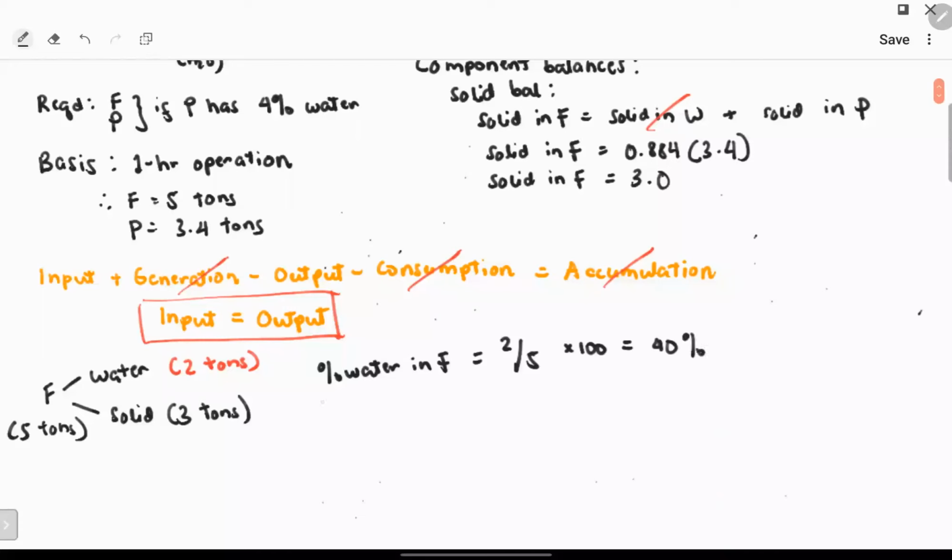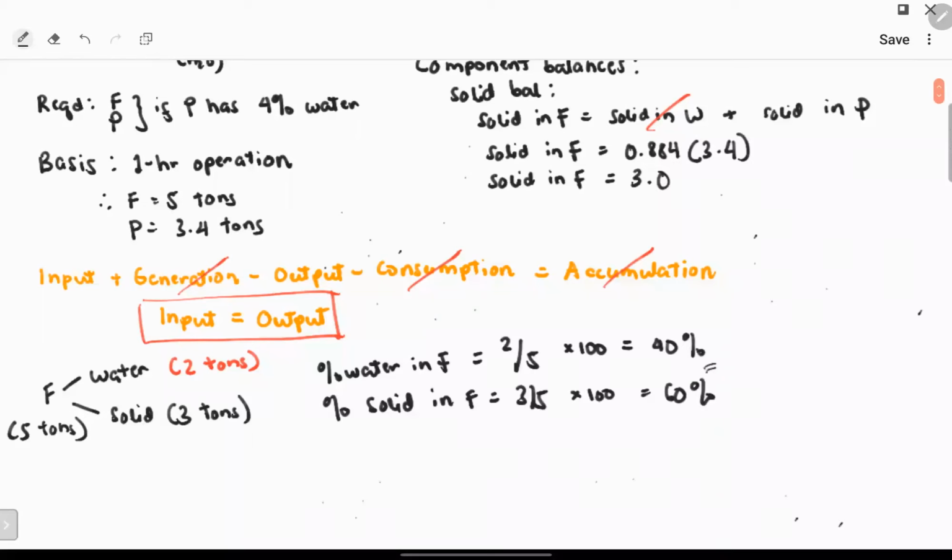Now the percent solid in F is simply 3 over 5, or you can just subtract this 40% from 100%. So we can do both, or just the first one. That's 60%. So a total of 100%.